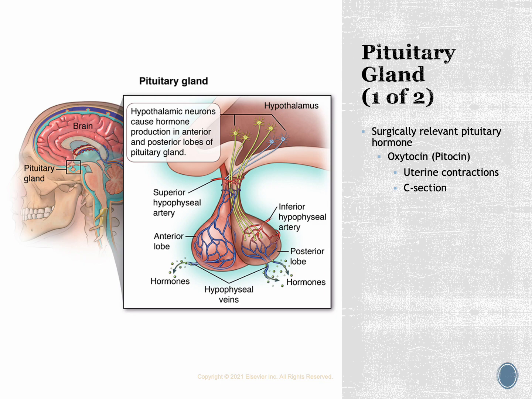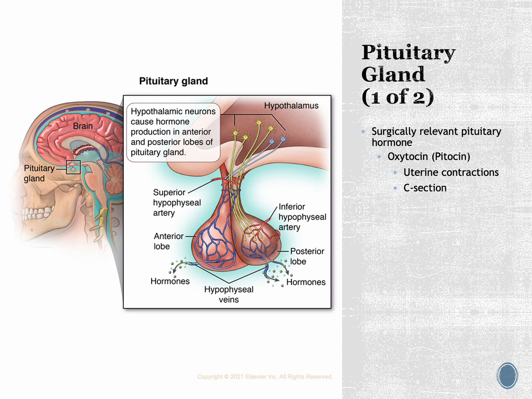Now, the anterior portion is going to communicate with the hypothalamus and secrete stuff like human growth hormone, thyroid stimulating hormone, adrenocorticotropic hormone, prolactin, dopamine, and gonadotropic hormones like luteinizing hormone and follicle stimulating hormone.